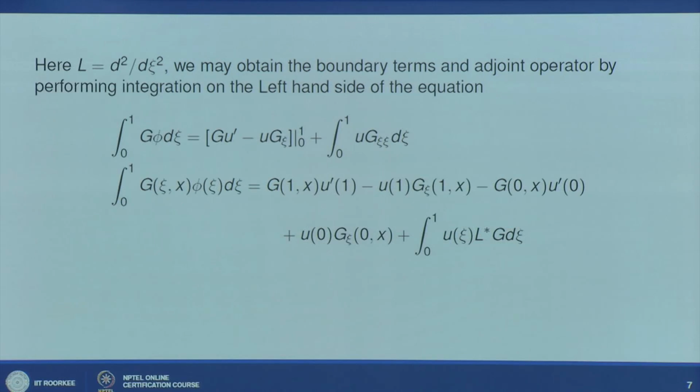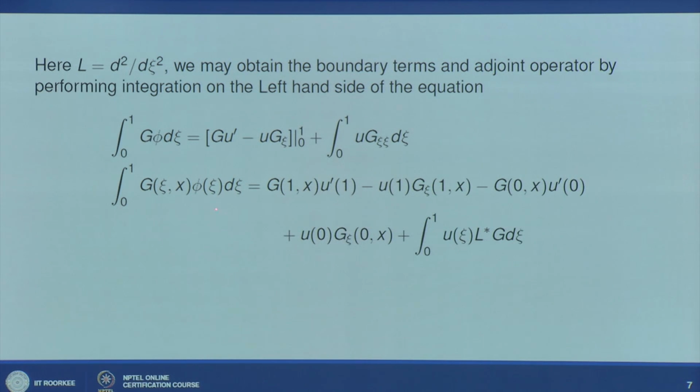So here if we write down the boundary points, then we have the integral from 0 to 1 of g(xi, x) phi(xi) d xi equal to g(1,x) u'(1) minus u(1) g'(xi)(1,x) minus g(0,x) u'(0) plus u(0) g'(xi)(0,x) plus the integral from 0 to 1 of u(xi) L star g d xi.